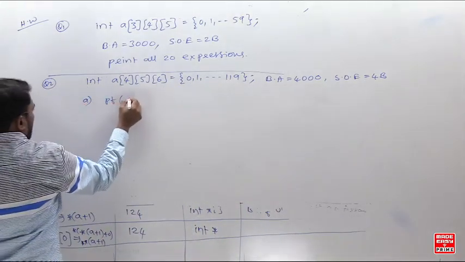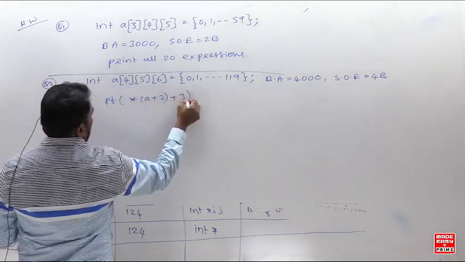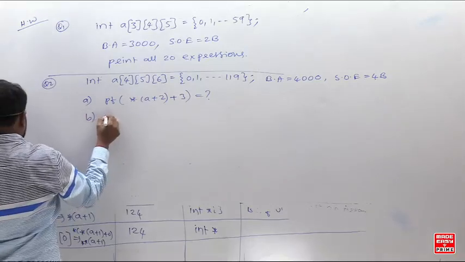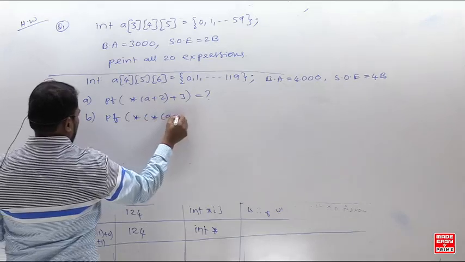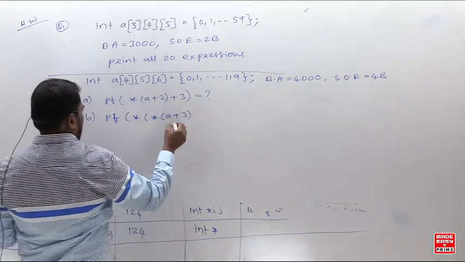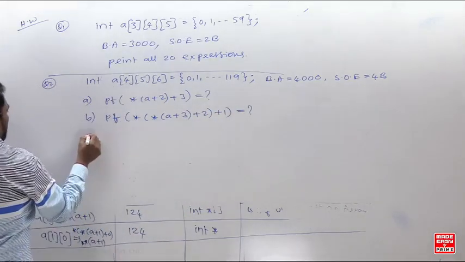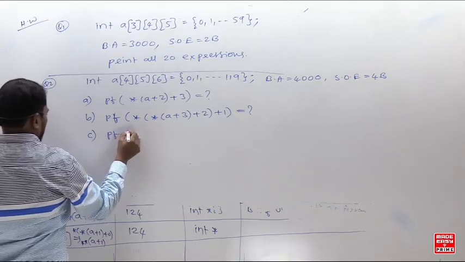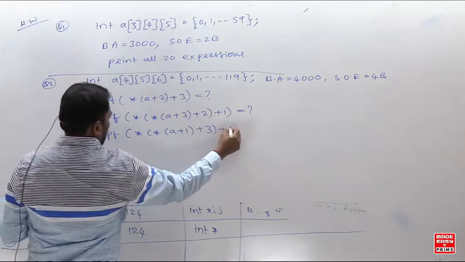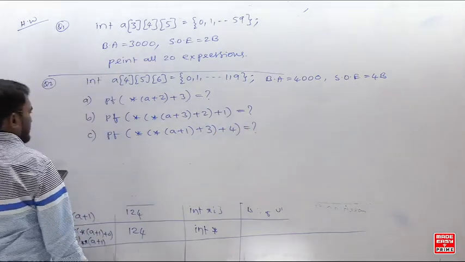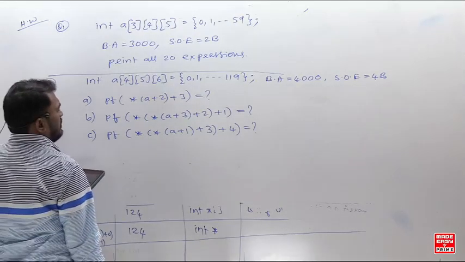So the first printf: star a plus 2 whole star plus 3. Then a plus 1 whole star plus 3 whole star, plus 4.